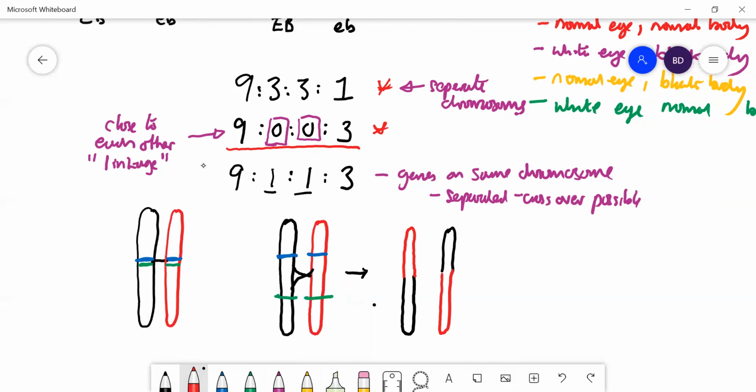Okay, so they've swapped over bits of genetic information, and you could end up with the two genes which were from the same chromosome being separated. That's quite likely because any crossover in that region will cause that. Whereas with this one, you'd have to have a crossover in a tiny little region, which is much less likely. So you tend not to see that happening.